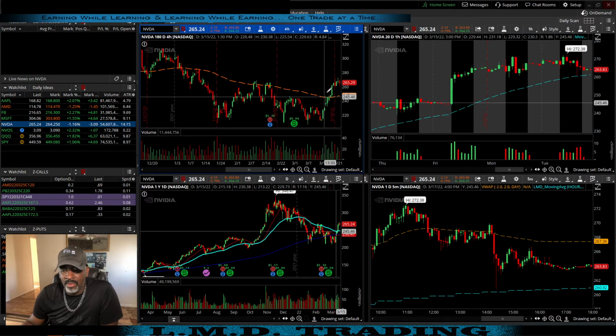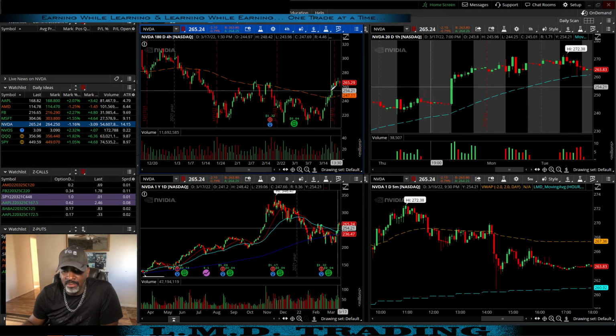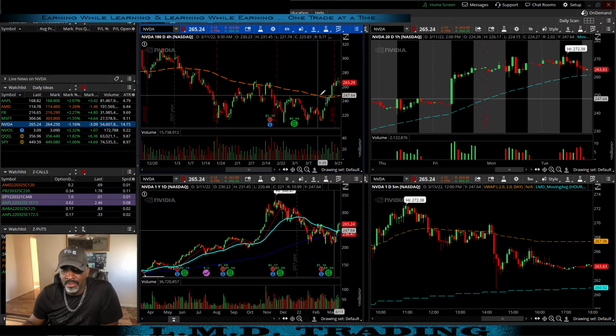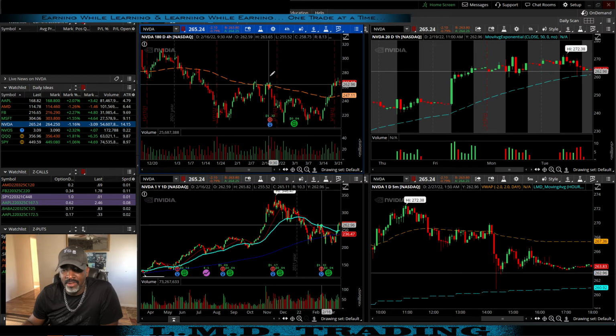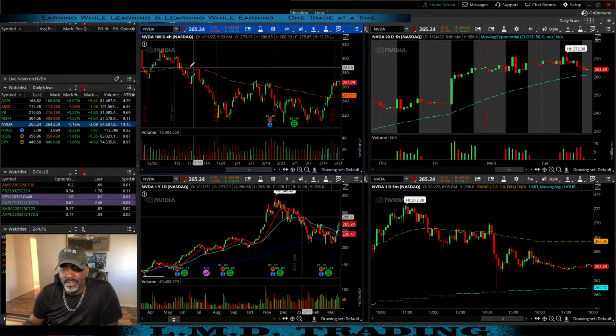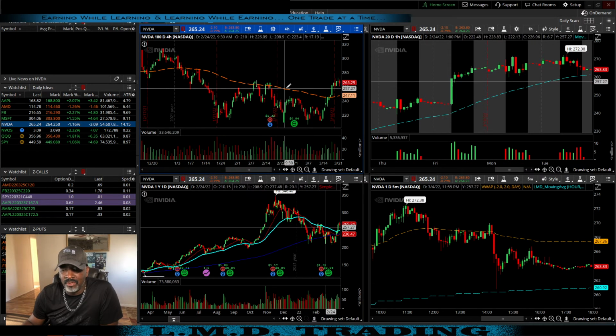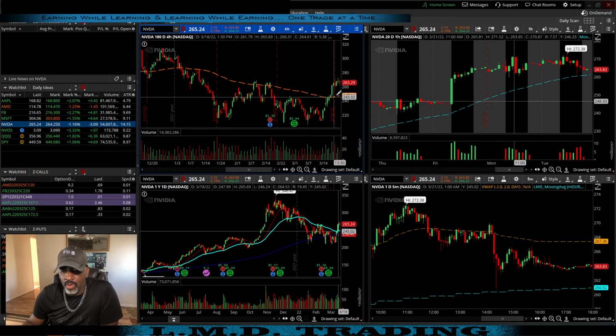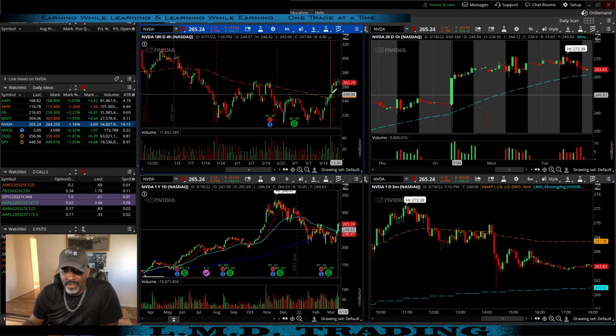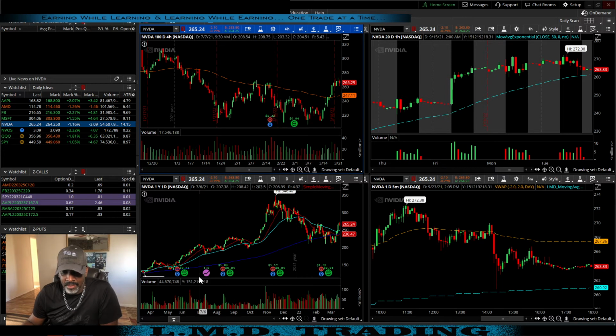Just chopped around, and yesterday and today it has broken the 100, which I'm sure is going to be breaking the 50 down there. And we see this has been in a fairly downtrend, but look at how that 100 is kind of curling back up now.